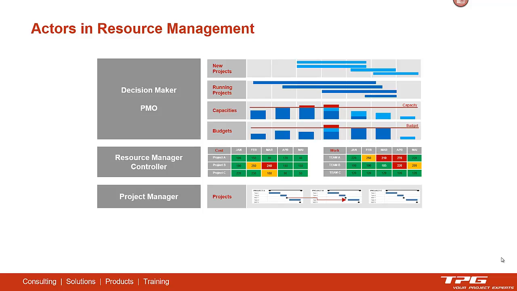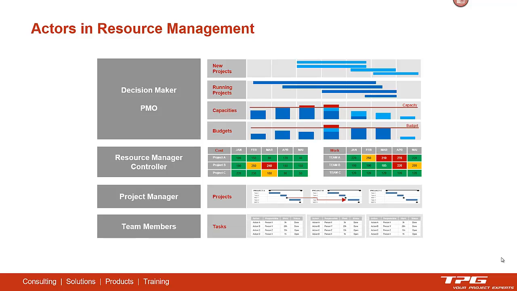They have to interchange with projects. So let's say there are master projects and sub-projects, so there are some interchanges between these projects, and that is also a very important role in resource management.